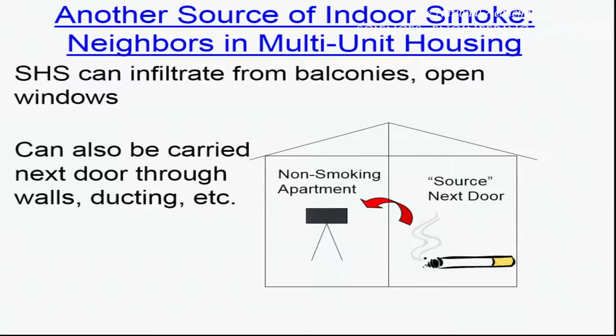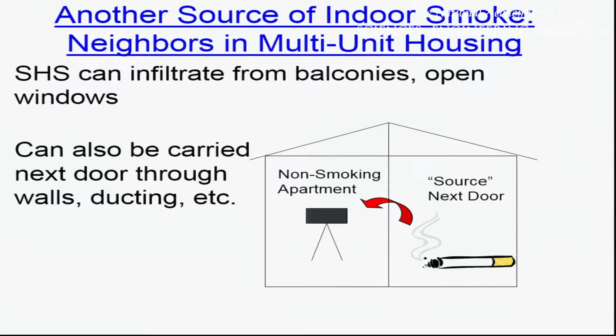It can infiltrate from outdoor areas, like your balcony, if you open the windows, and it can also be carried through the walls and through ducts from one residence to the next.